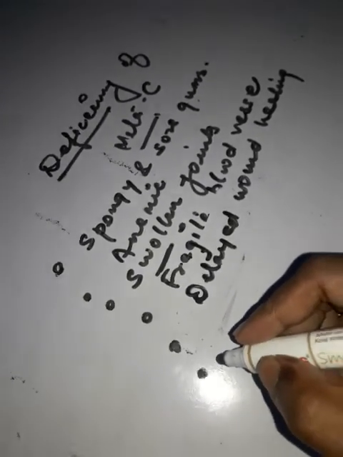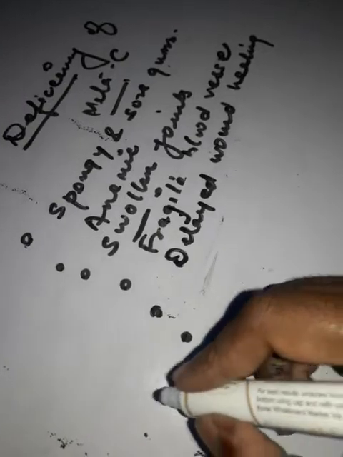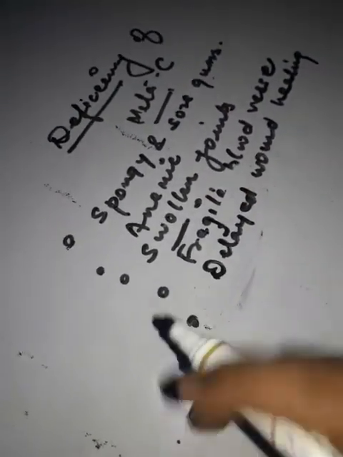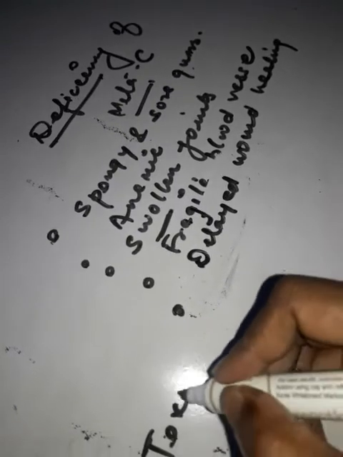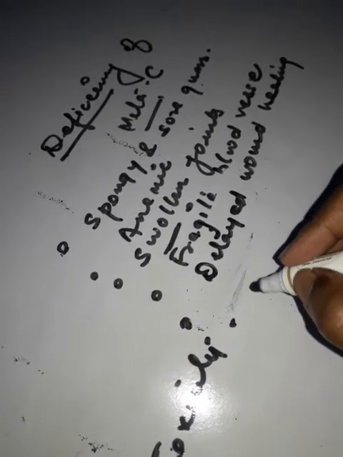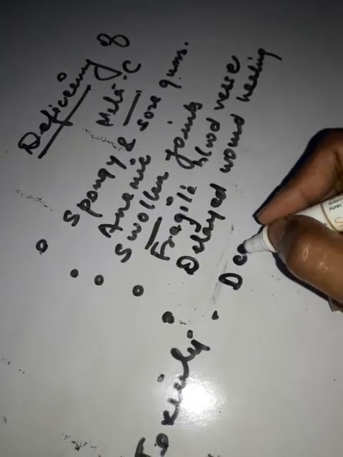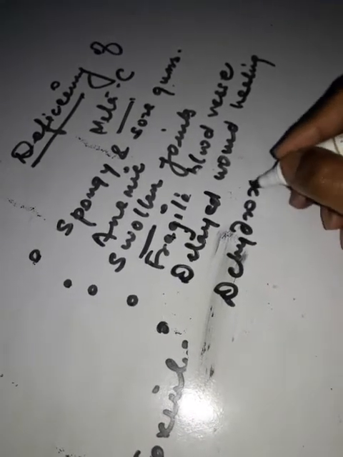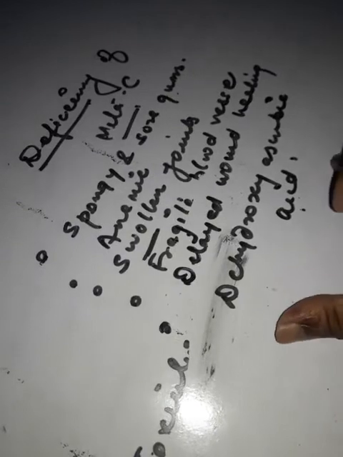So these are the main deficiency effects of vitamin C. Now about toxicity: vitamin C itself is not toxic, but dehydroascorbic acid is toxic to your body.